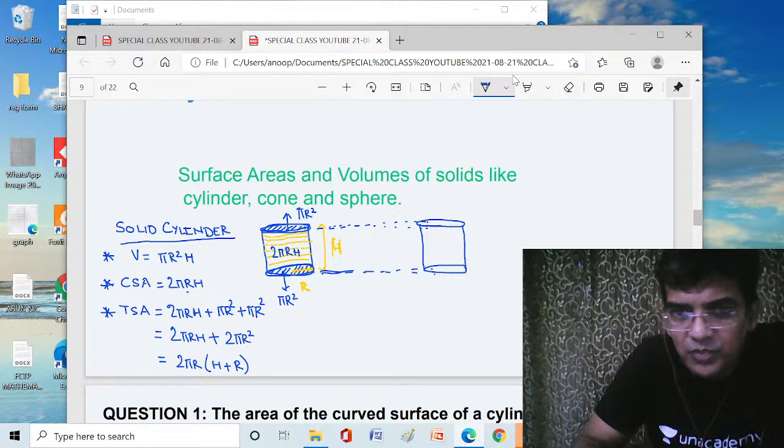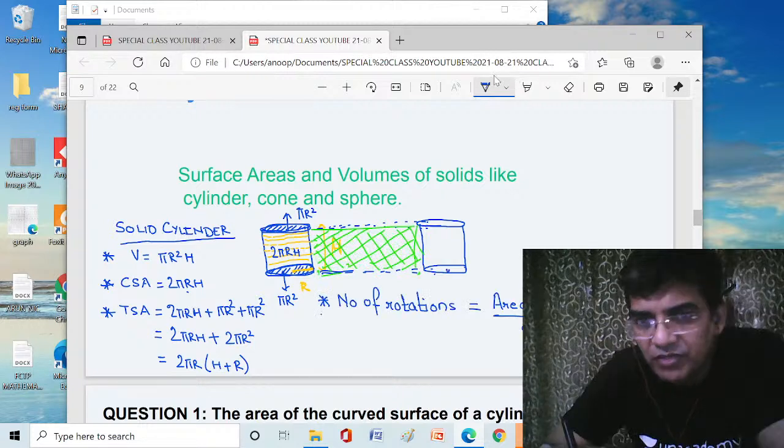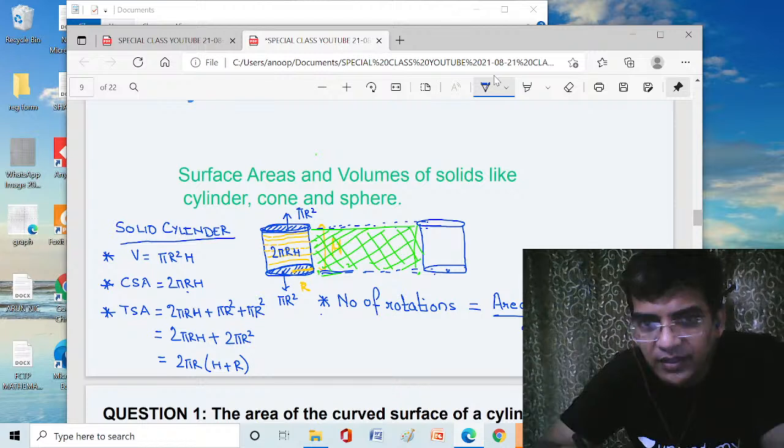Or in some of the questions, they may ask you to calculate the area covered by the cylinder in rotating a certain number of times. So you can cross multiply here and arrange the formula for curved surface area. So these are the formulas which are related to the solid cylinder. So four formulas I have told you: volume, curved surface area, total surface area, and then the number of rotations.